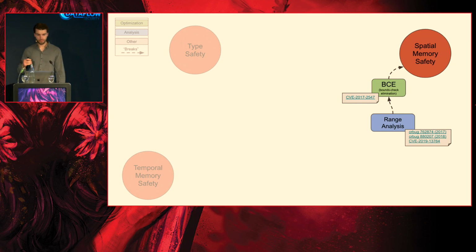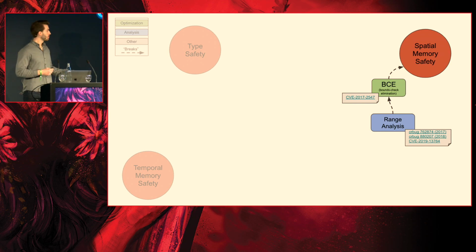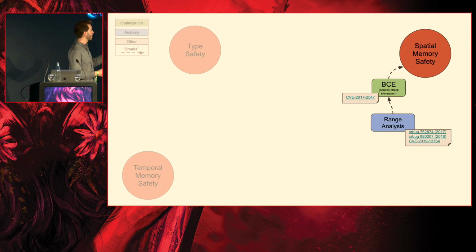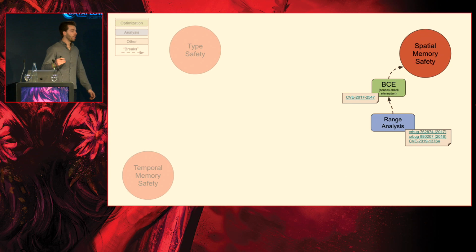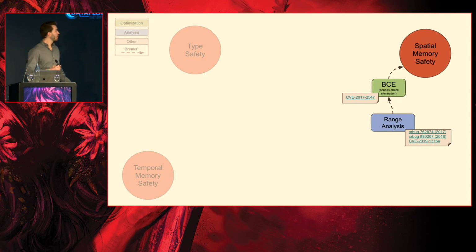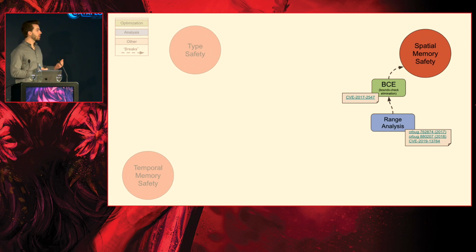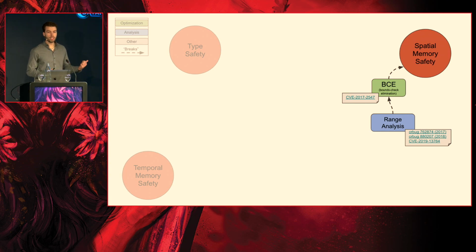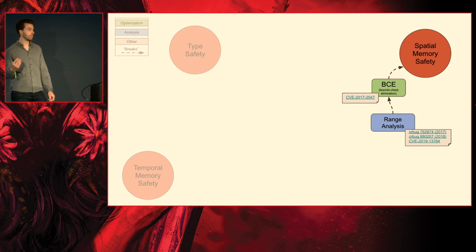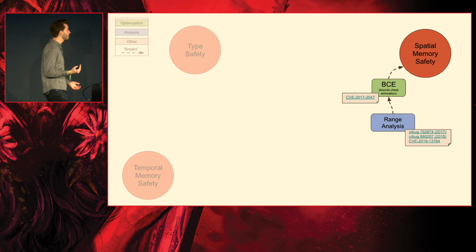And so the way to read this is there are optimizations and analysis passes. They have different colors. And an arrow here just means one breaks the other, okay? And so bounds check elimination, I think that's pretty obvious, and it's what we've just seen. If bounds check elimination goes wrong, that breaks spatial memory safety. Now you have removed a bounds check that you shouldn't have removed.